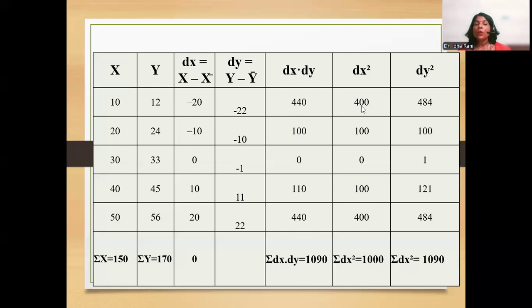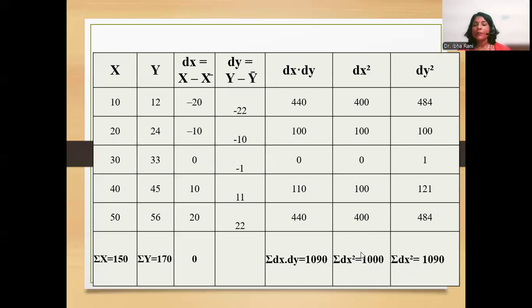Now in the next column we will calculate dx square. dx is minus 20, minus 10. So dx squared will be minus 20 multiplied by minus 20, which gives 400, 100, 0, 100, 400. After calculating the squares, we add all those values.